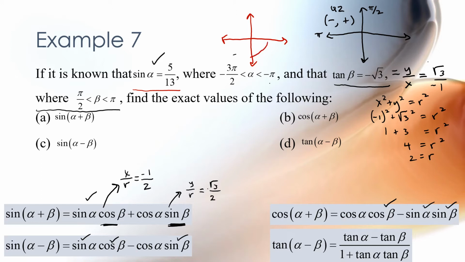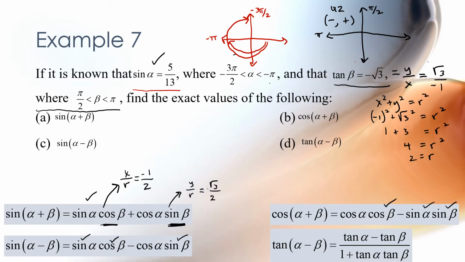Well, negative 3 pi over 2 is starting on the positive x-axis and moving clockwise. Negative 3 pi over 2 is in the same location as positive pi over 2. And then negative pi is in the same location as positive pi.